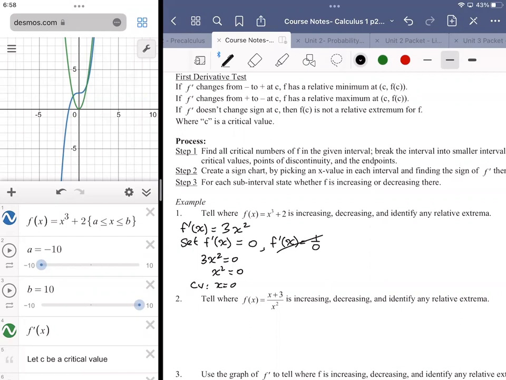The domain for this function is negative infinity to infinity, because polynomial functions are everywhere continuous and exist everywhere. So I break up this interval based off of the critical value: negative infinity to 0, then just the number 0, and then 0 to infinity. These are the possible x values.